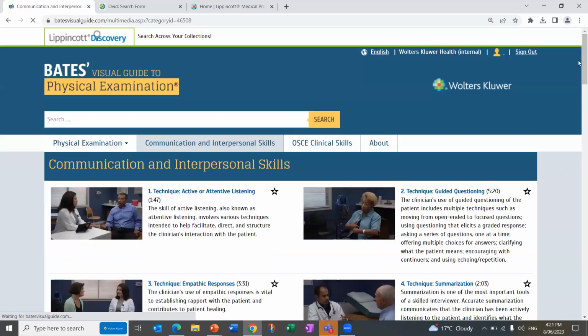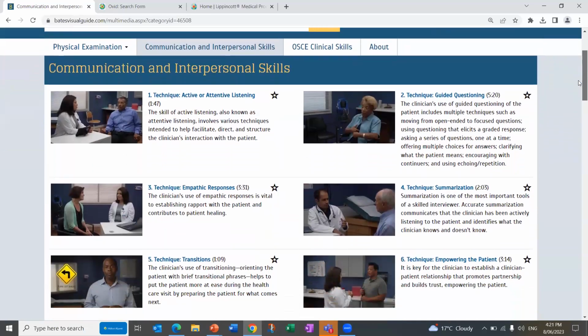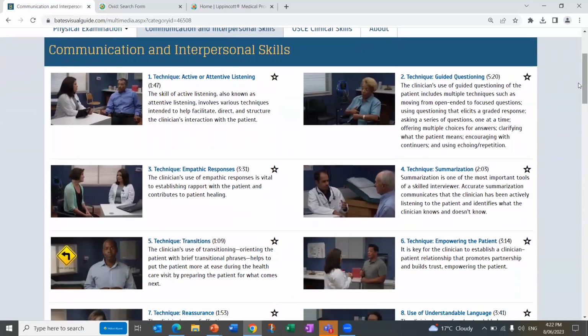And so if we look in this next section, this is all about communication and interpersonal skills. And this is an important part of medical education, not just knowing the process, not just knowing how to examine a patient, the steps that we go through, but how we can listen to the patient.